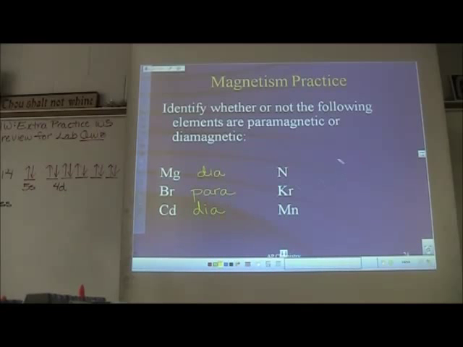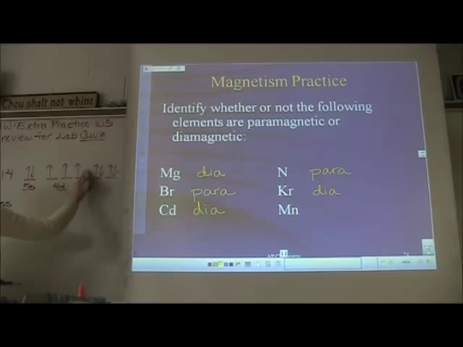How about nitrogen? Krypton. Diamagnetic. Manganese. What about iron? Doesn't matter.